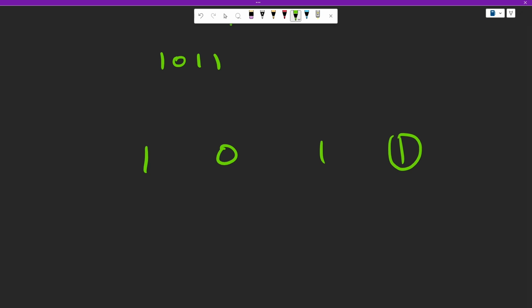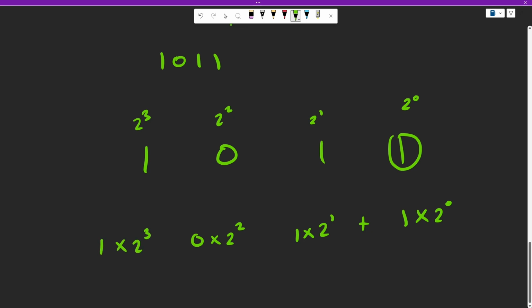Here we have 2 raised to 0, 2 raised to 1, 2 raised to 2, 2 raised to 3. So what I am going to do is 1 into 2 raised to 0, plus 1 into 2 raised to 1, then 0 into 2 raised to 2, then 1 into 2 raised to 3. Okay, so I'm going to add these.